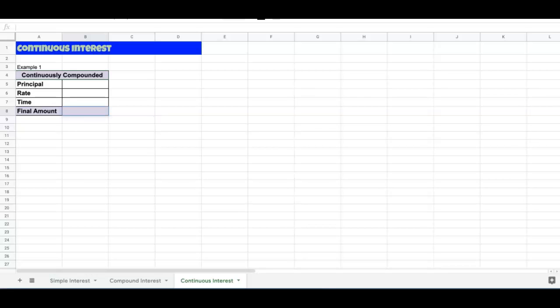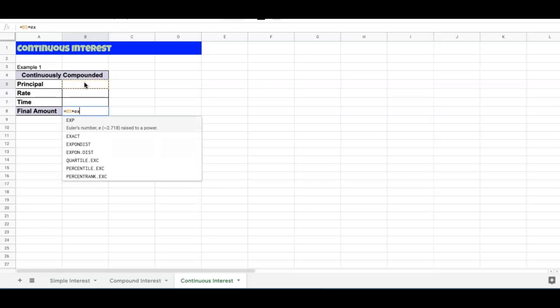Okay, so now let's type in the formula in cell B8, where the cursor is blinking there. We always start off with an equal sign, and it was P, which is going to be in this cell, so B5, times EXP, and it understands that command. You can even see it down here. It's called Euler's number, approximately 2.718. So it knows that command.